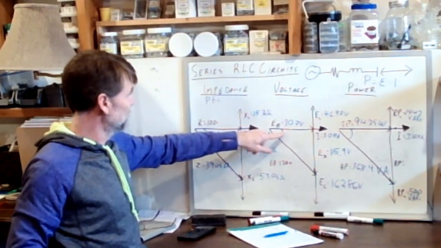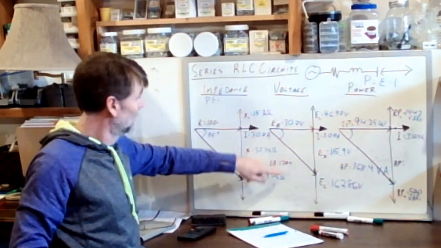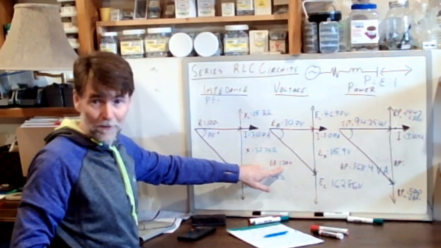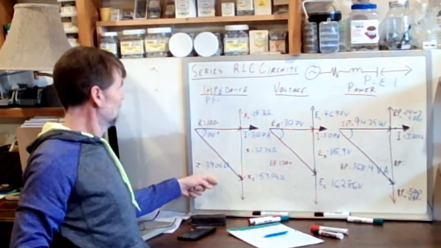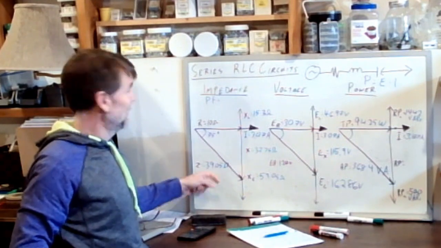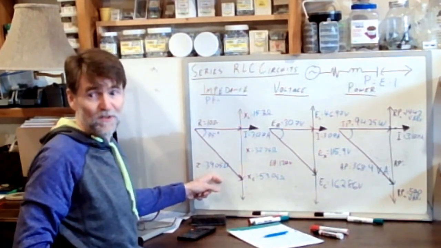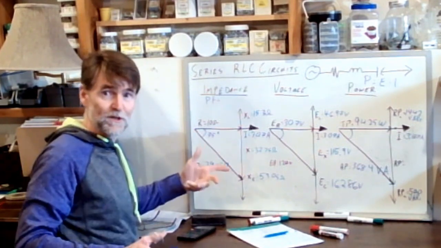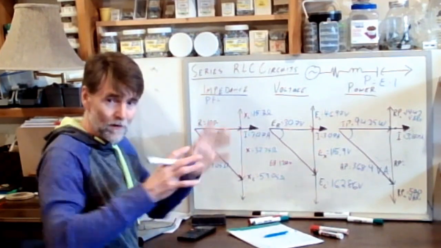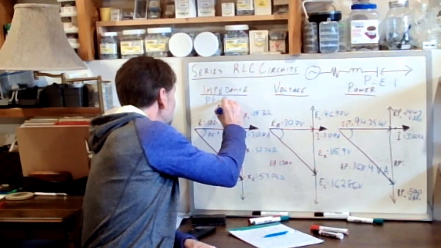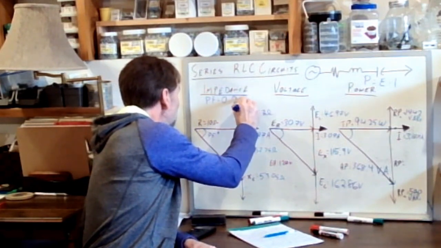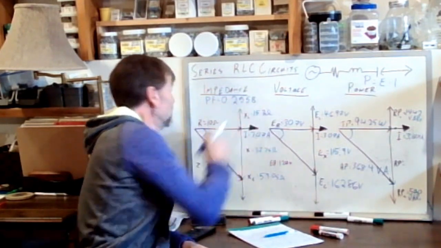Adjacent over hypotenuse could be the voltage drop across the resistor over the power supply. It could be the resistance over the impedance, or it could be the cosine of the angle. All kinds of different ways to get to the same place. The result is 0.2558.